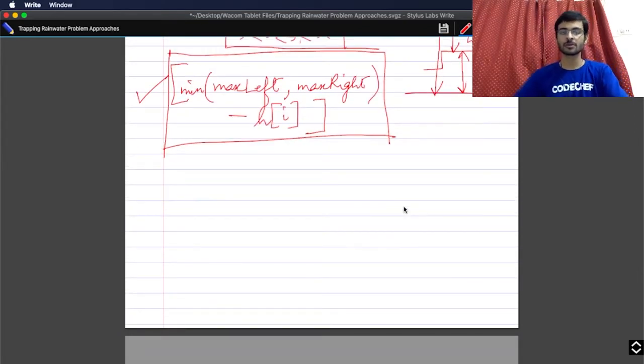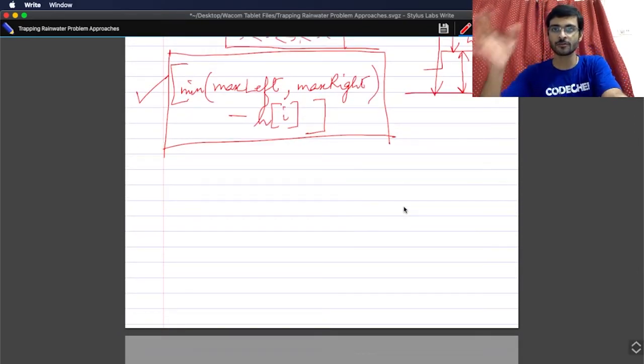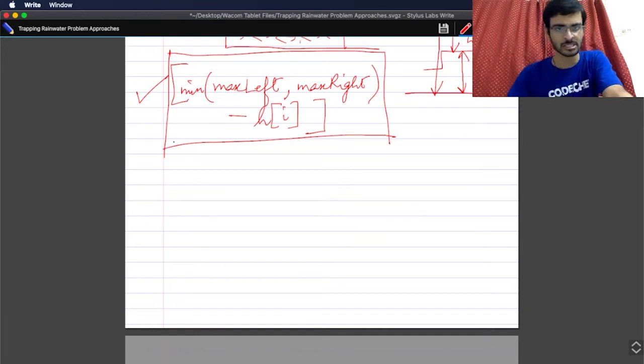Now if the question comes about the implementation, that okay, I've told a lot of stories, now let us look at the implementation. This is how the implementation will look like. You will have for i equals 0, i less than n minus 1, i plus plus.